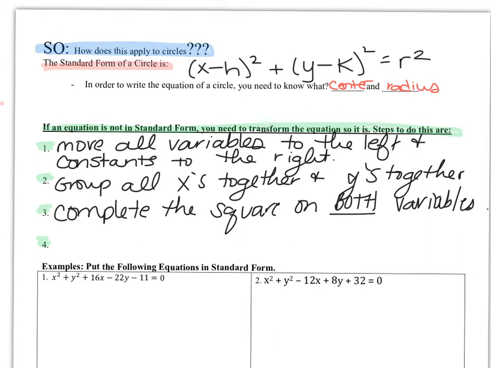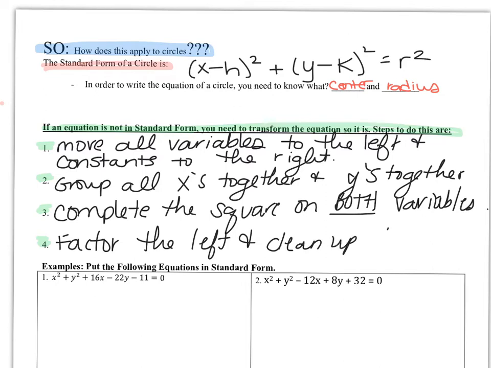So now with a circle equation, I have an x and a y, so I'm going to have to complete the square twice. Step 4, I'm going to factor the left and clean up the right.